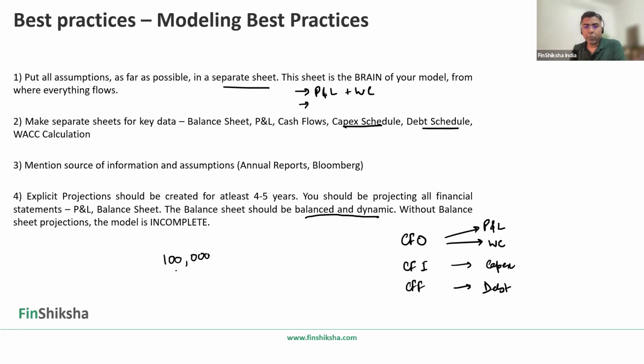Does the balance sheet actually support that 50,000 crore of borrowing? Maybe it does, maybe it doesn't. But unless you project the balance sheet, you will not be able to figure out what happens after they have raised 50,000 crore of debt, half of the total capex. And does that create a risk at some point of time? So that projection has to happen in terms of your overall understanding of the data.